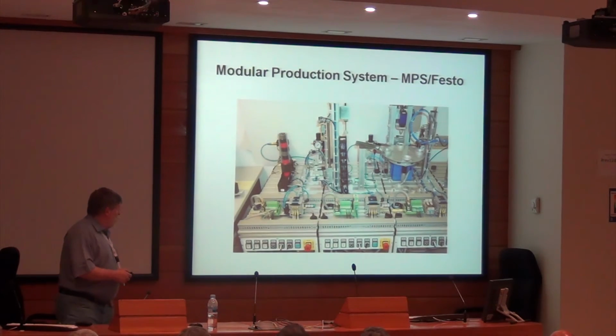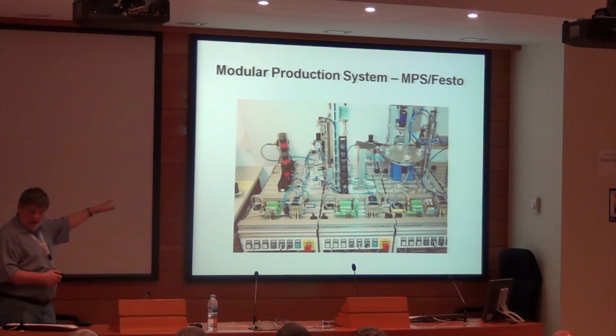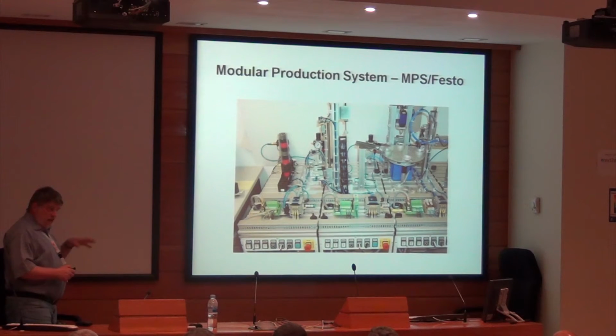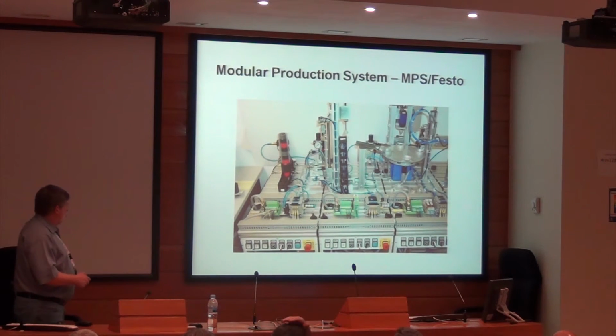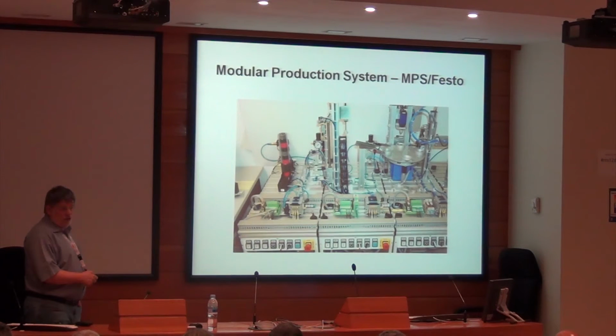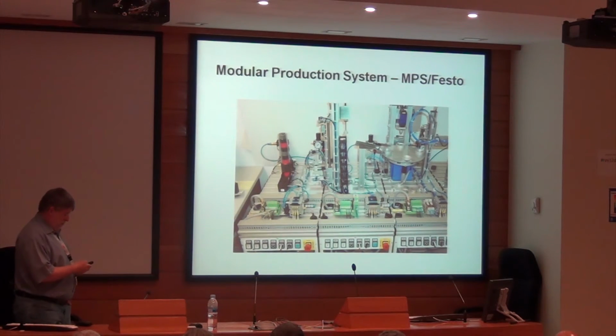Here you see another Festo system. It's already also in the theory. It's quite similar, and it's a modular production system. In our last approach with Open Simulator, we built models based on this system, and I show you a few examples that students did.